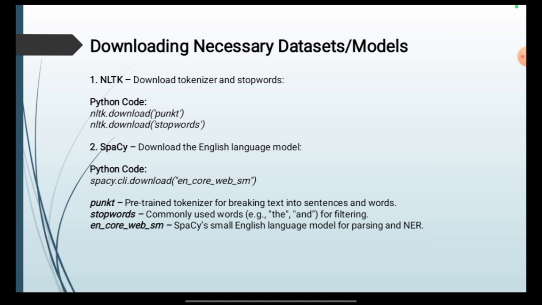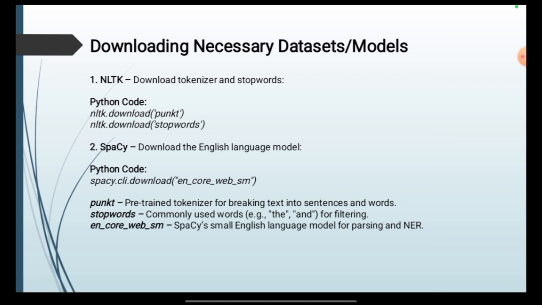Python code: spacy.cli.download en_core_web_sm. Punkt, pre-trained tokenizer for breaking text into sentences and words. Stop words, commonly used words, example the and, for filtering. en_core_web_sm, Spacy's small English language model for parsing and NER.